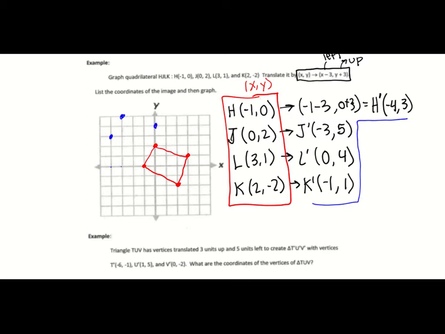And then -1, 1. And again, I can connect all my points. And you see we have the same image, it's just been translated up. So if we have our points labeled, this would be H prime, J prime, L prime, and K prime, and our H, J, L, and K. That would be our answer.